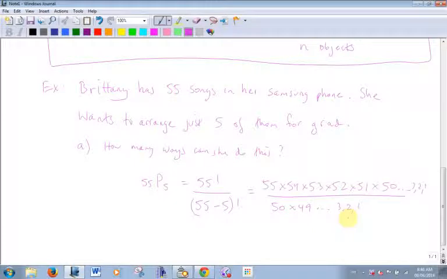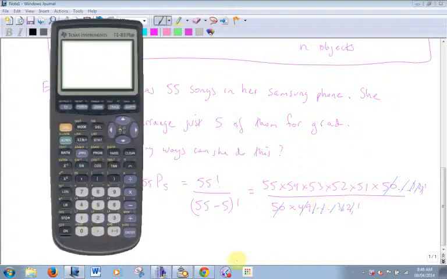Can I cancel some stuff here? Yeah. Okay, 50 divided by 50, 49 divided by 49, all the way down, all this stuff cancels out. So like I said, the common sense way says, I got 55 choices for the first song, I got 54 for the second, times 53 times 52 times 51, okay? So that you can put in your calculator.